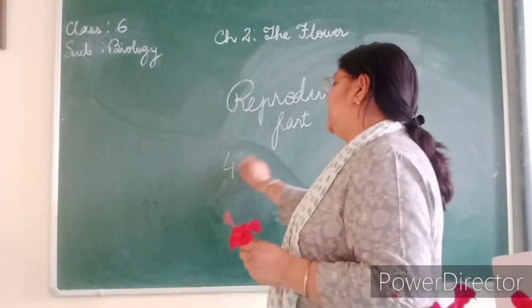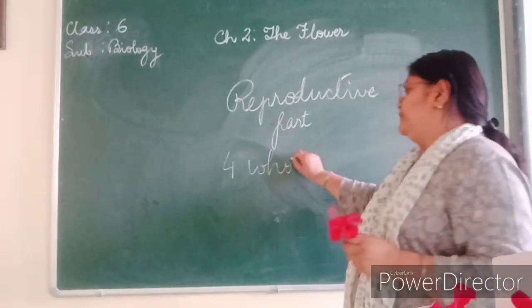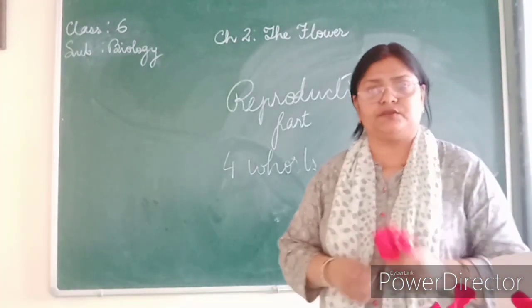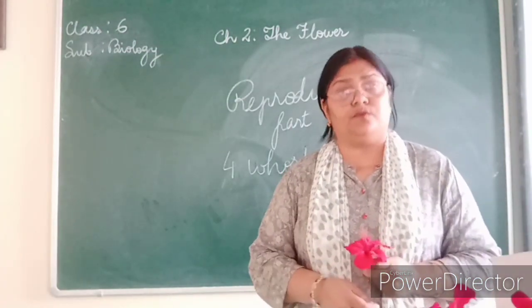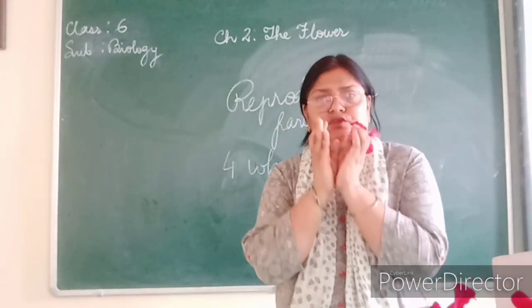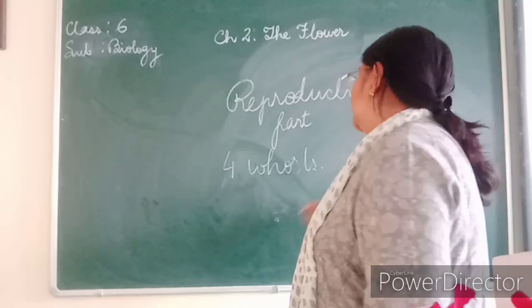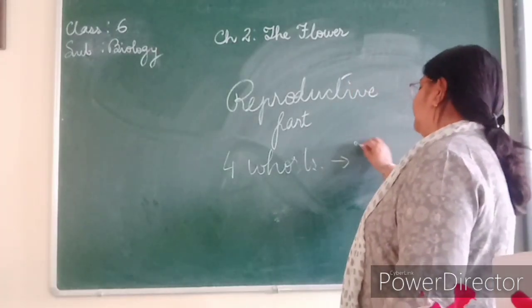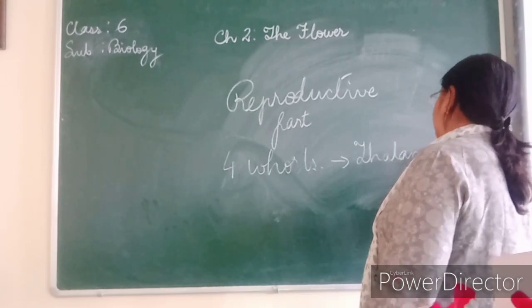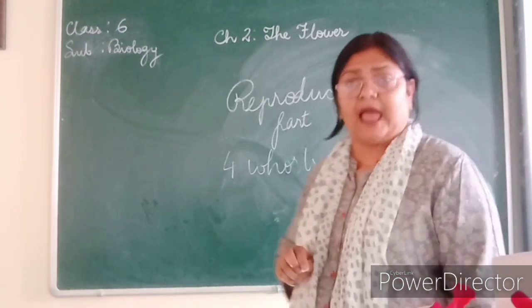So a flower has 4 whorls or ring-like structures. Now these 4 whorls are placed on a cup-shaped structure called the thalamus.